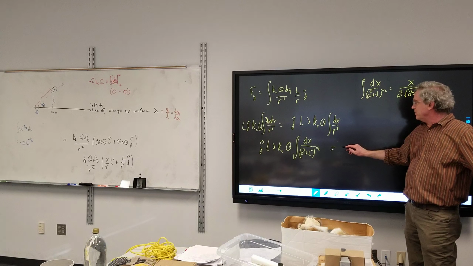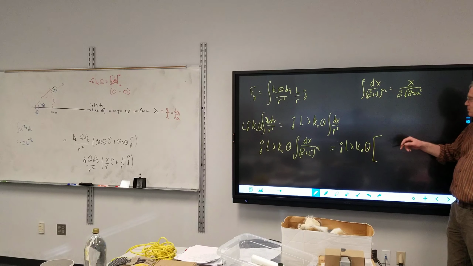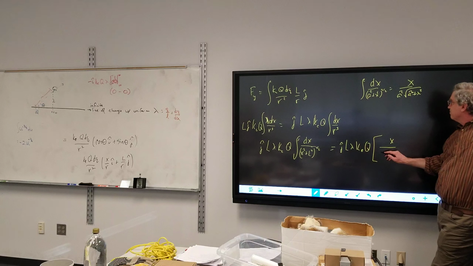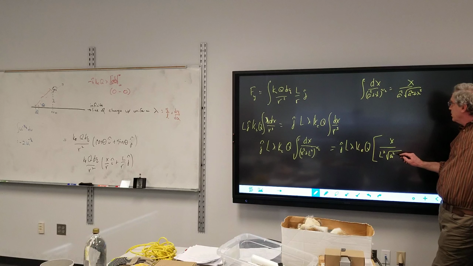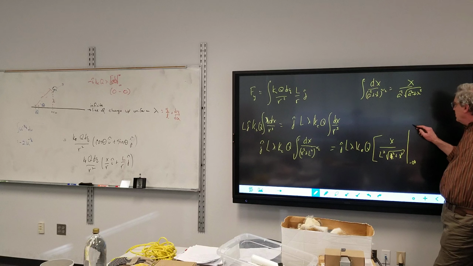So this becomes j hat L lambda k sub e q times x over L squared, square root of, not a squared plus, L squared plus x squared, from negative infinity to infinity.